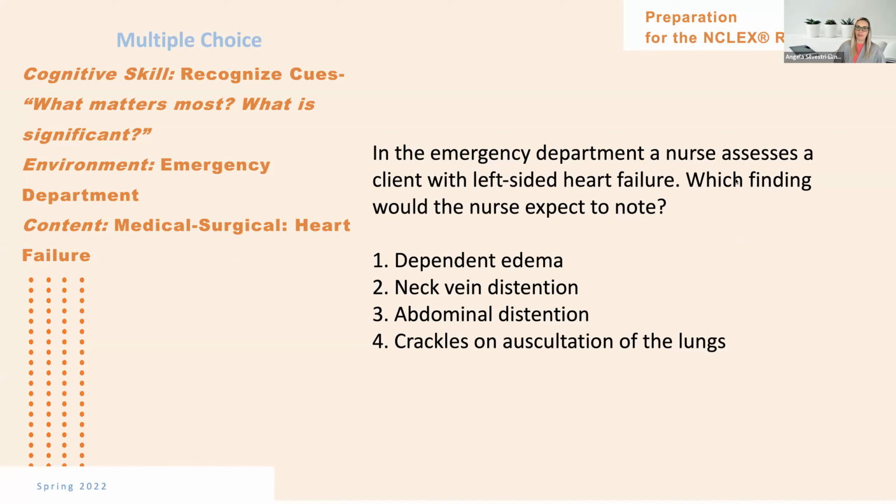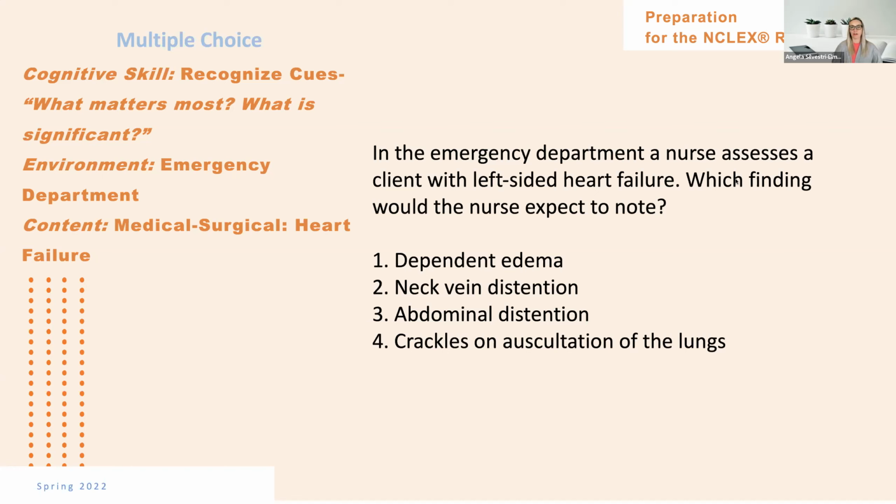But with right-sided heart failure, that's considered to be more severe because that means that the inadequate pumping has extended beyond the left side, beyond the lungs, now into the right side, and it's probably headed into the rest of the body or the periphery, which is where you would see the dependent edema, the neck vein distension, and the abdominal distension.